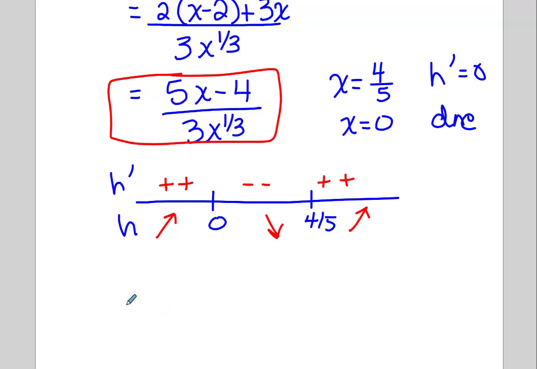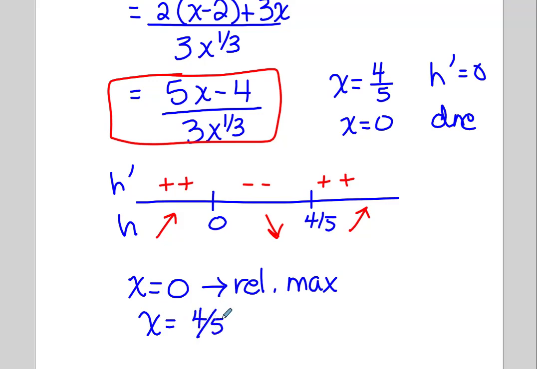And I want the x values. So at x equals 0, there's a relative maximum. And at x equals 4/5, where the derivative was 0, there's a relative minimum. Here the derivative didn't exist, and here the derivative was 0.